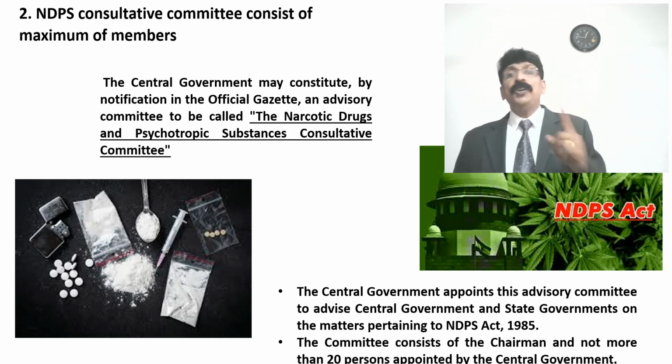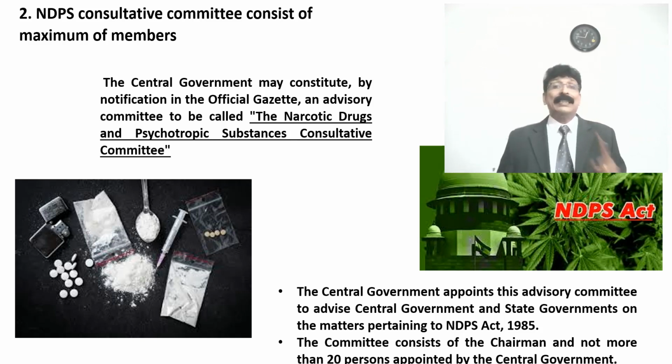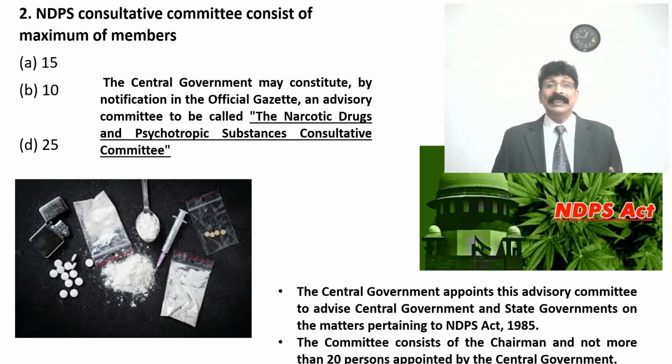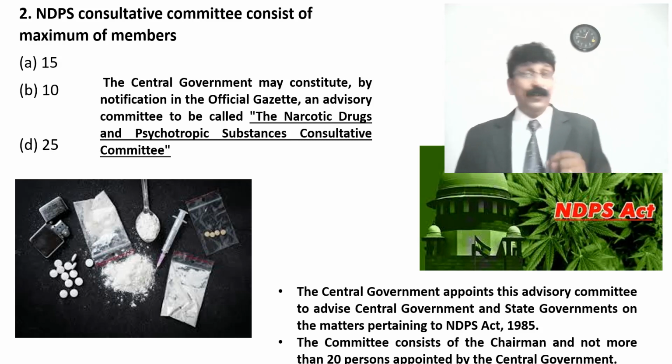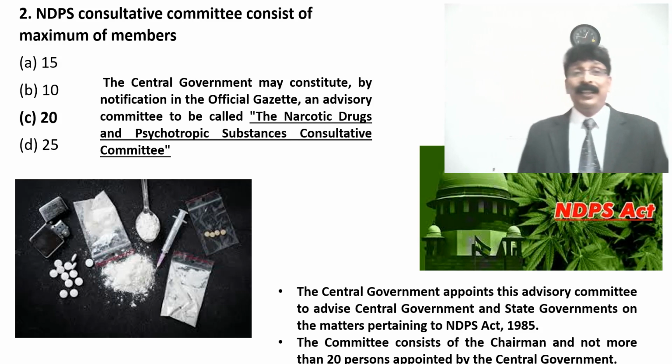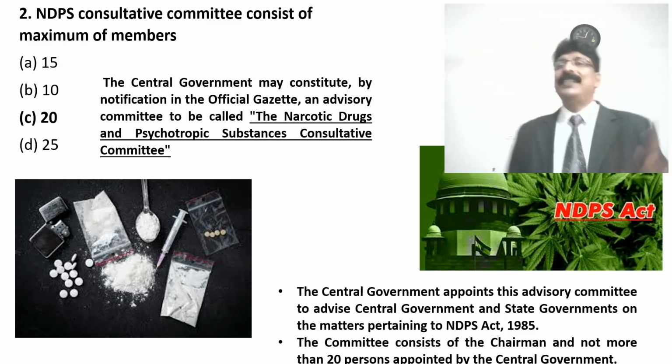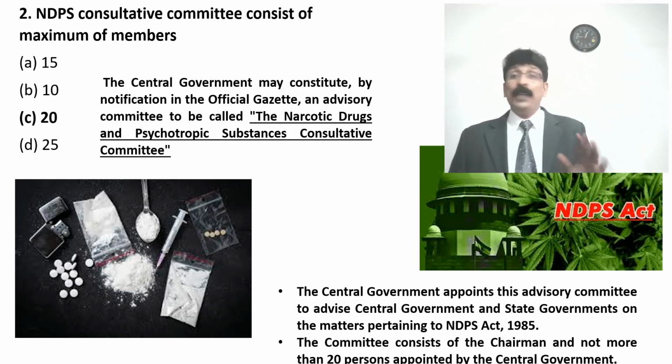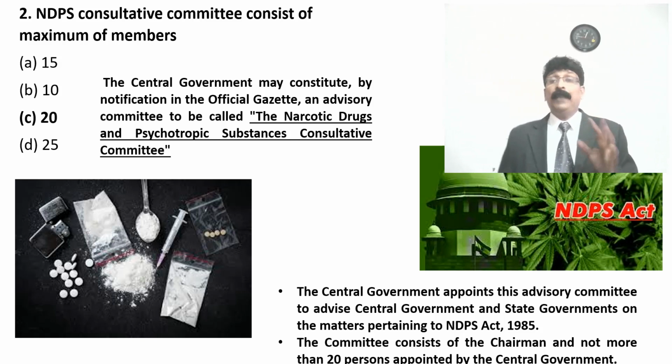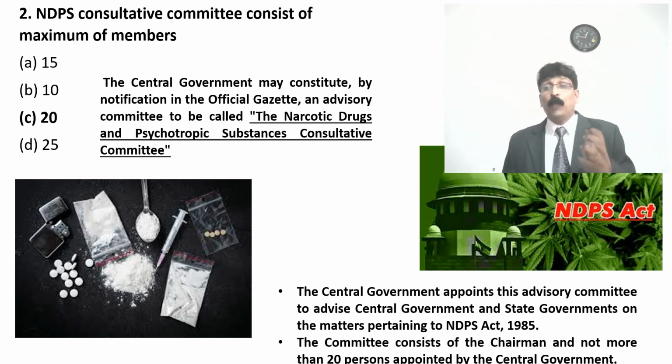They have given 15, 10, 25, but we know that it should not be more than 20. So the answer is 20. Now it is very clear, and even if they ask, the students should know what is the NDPS Act 1985.